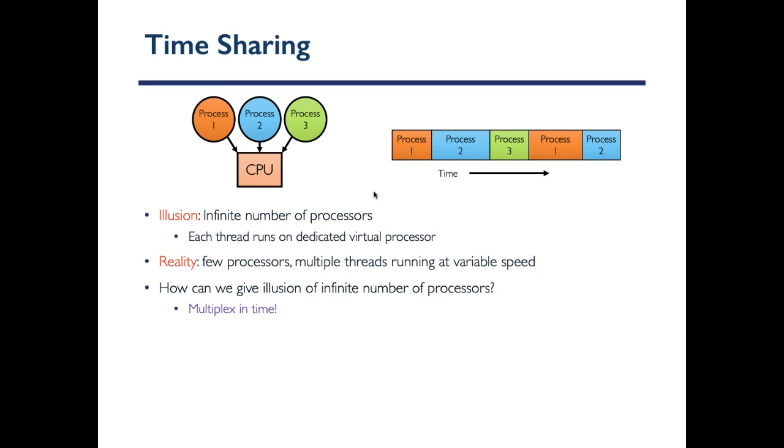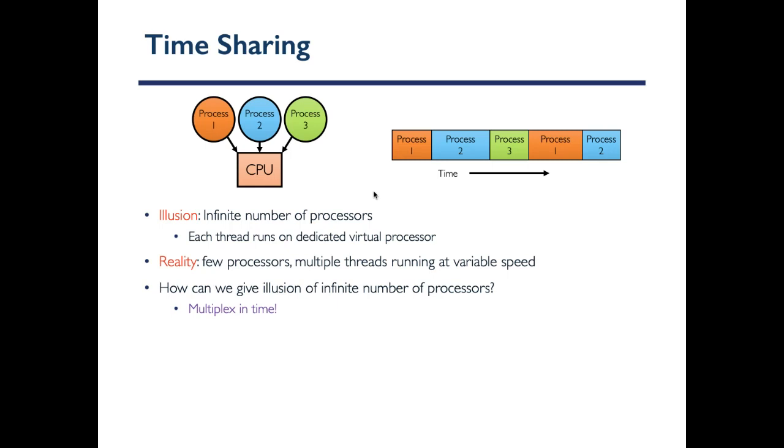Then with mechanisms that we will talk about, usually a timer, sometimes a process will yield its time. You take away control from process 1 and give it to process 2. You run process 2, and then you context switch to process 3, and so on and so forth.